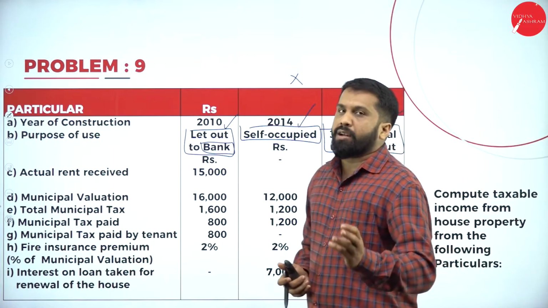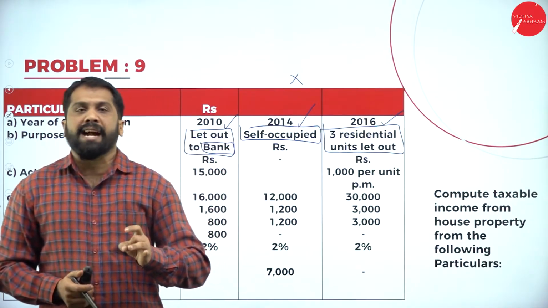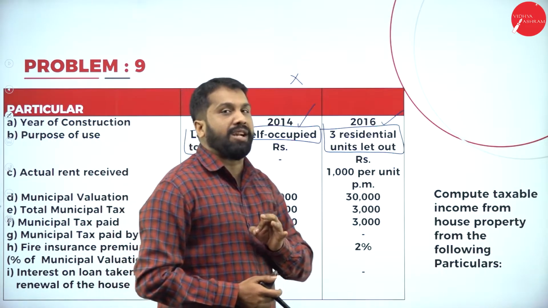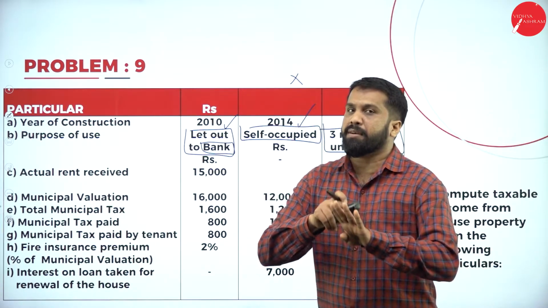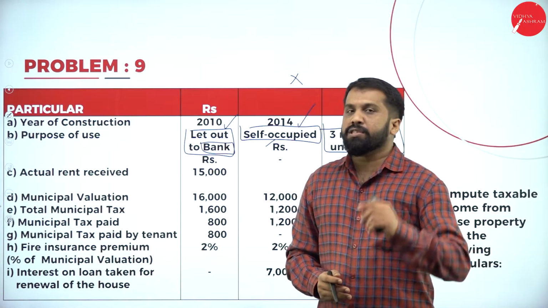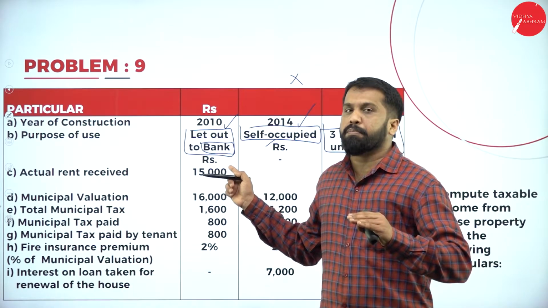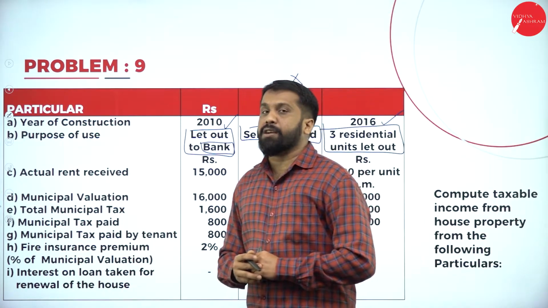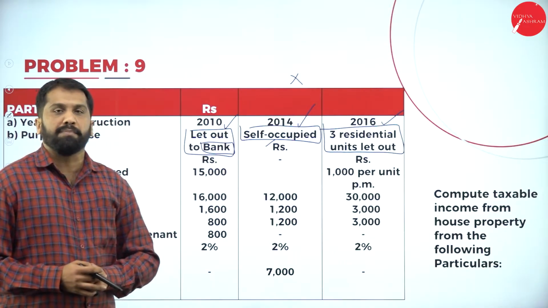The gross annual value, net annual value, municipal tax paid, as well as the 30% standard deduction will not be applicable if it is self-occupied. Clear? Those calculations will not be applicable for self-occupied, but you are supposed to do the calculation if it is let out for bank and let out for residential purpose.